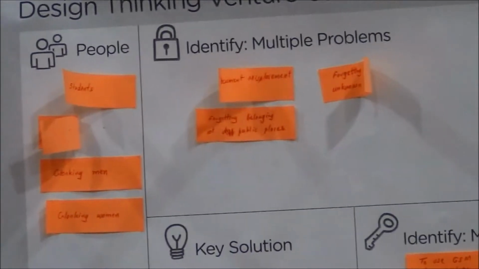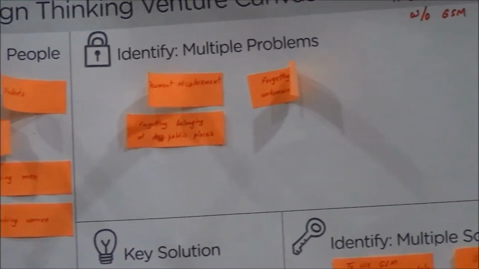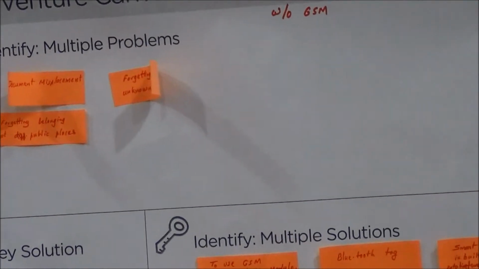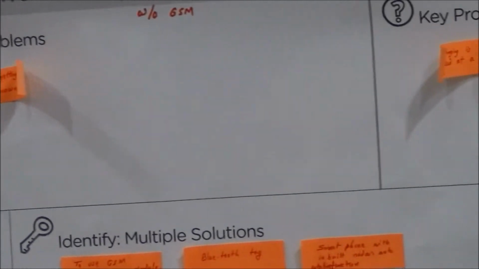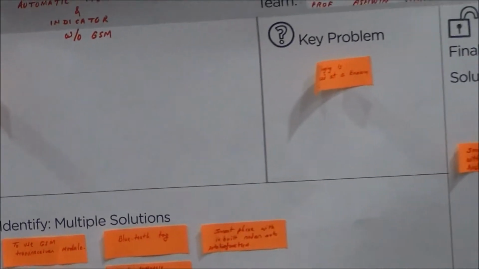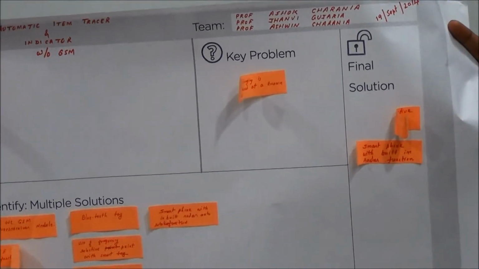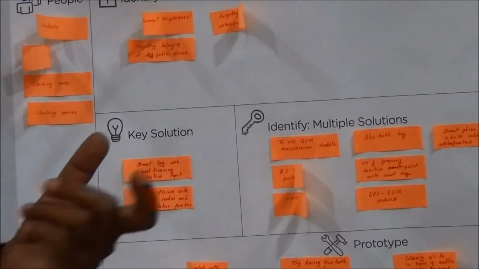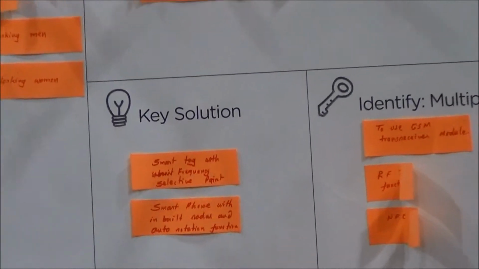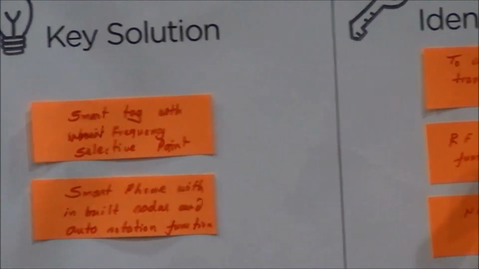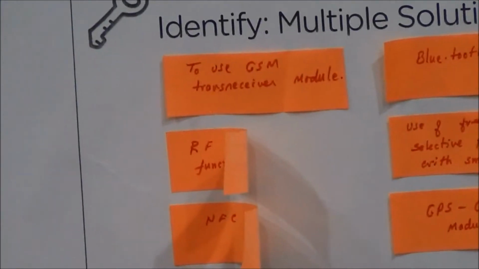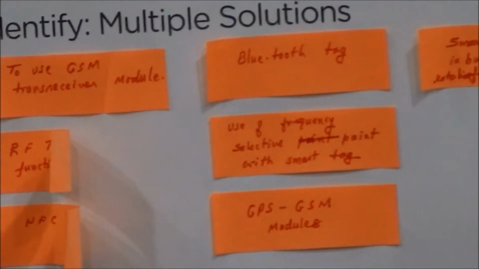Here we have many technological solutions like Bluetooth, Zigbee, RF transceiver modules, NFC, etc. Now from these we take some technology which we feel can be developed easily.